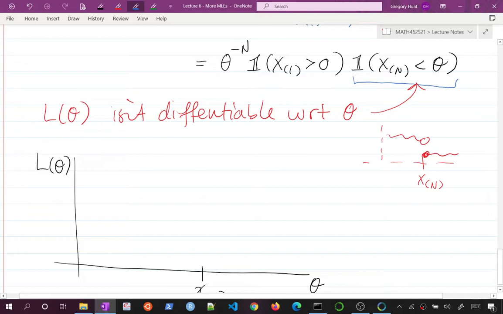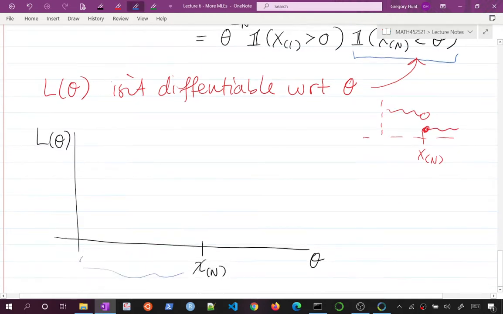So if theta is in this left-hand portion, where it's less than our maximum value, the indicator is 0, and the whole likelihood function is 0. So if I draw L of theta, it's just 0 everywhere here.